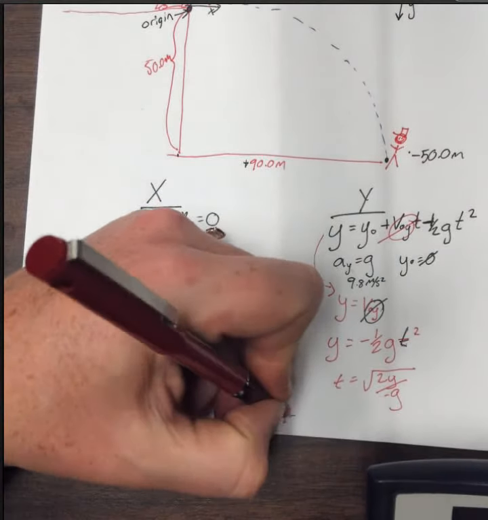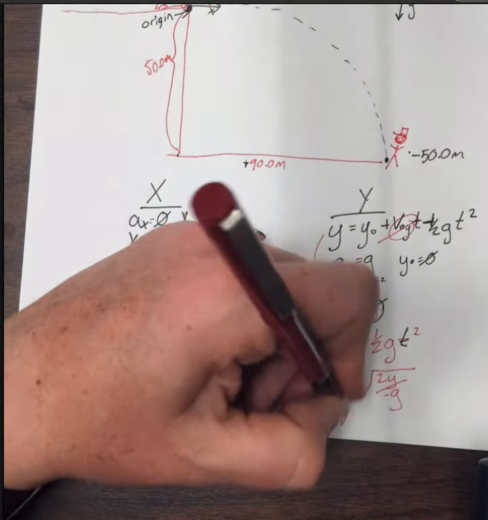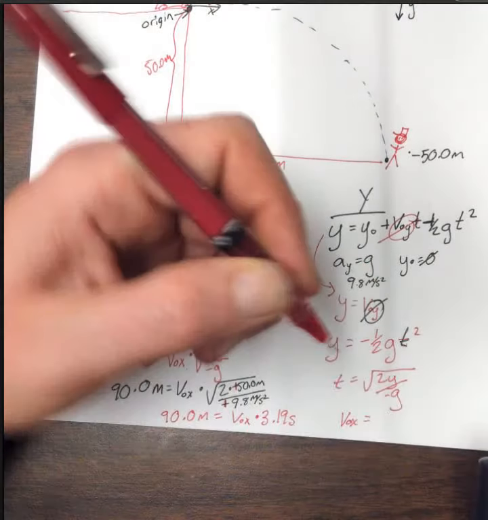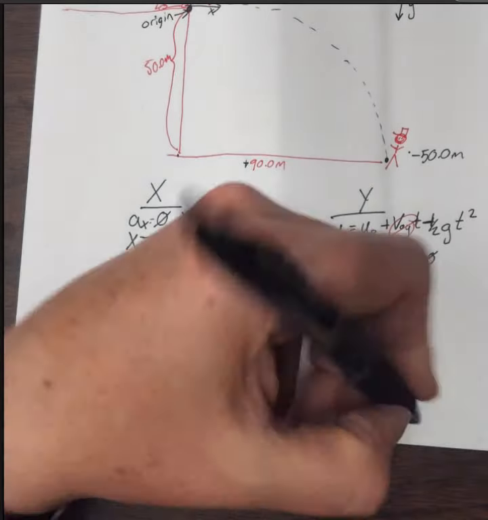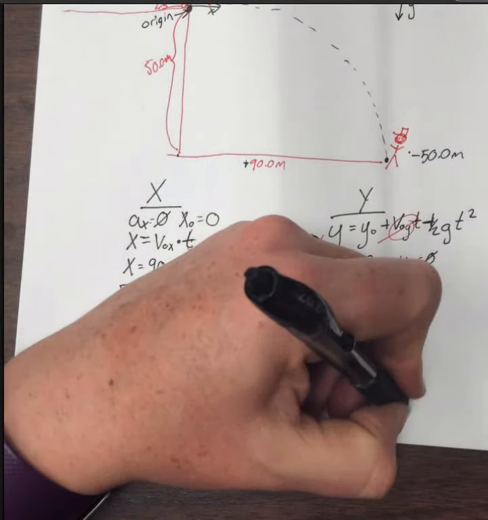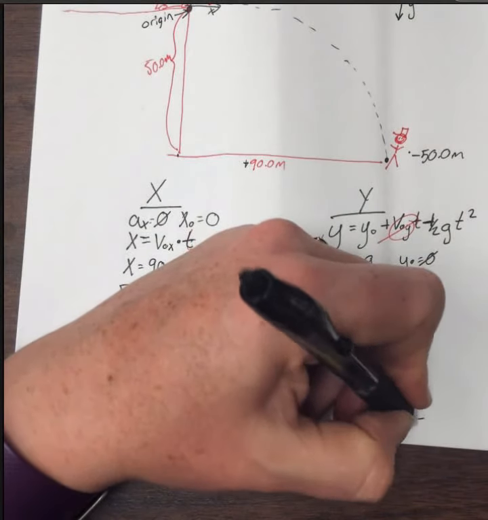3.19 seconds. And we solve for v naught x, which is going to equal 90.0 meters divided by 3.19 seconds.